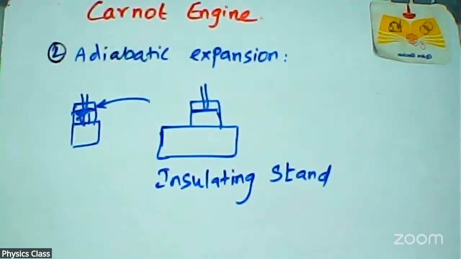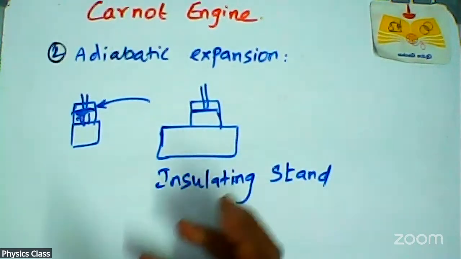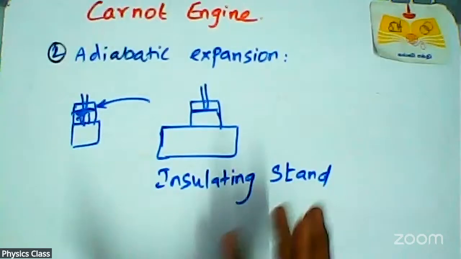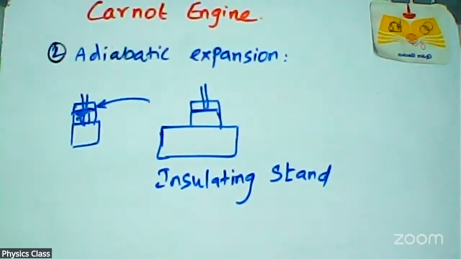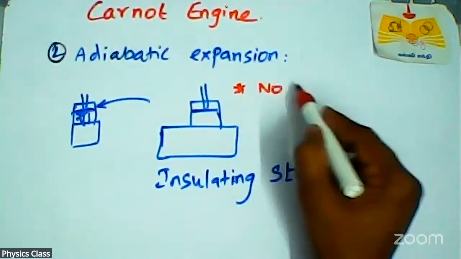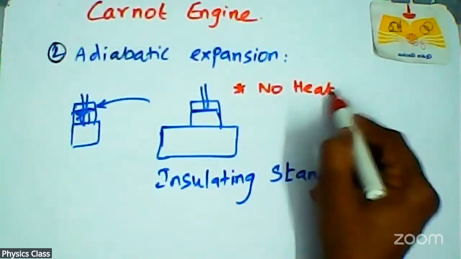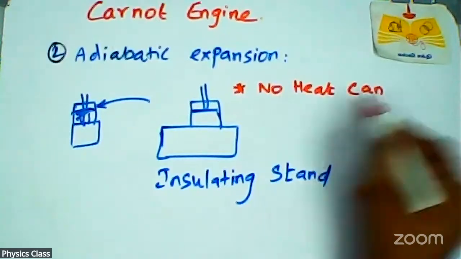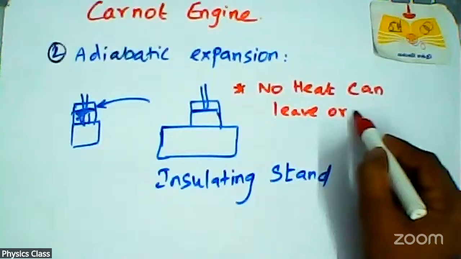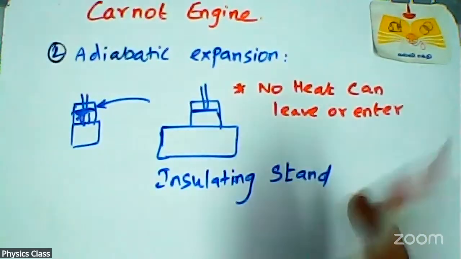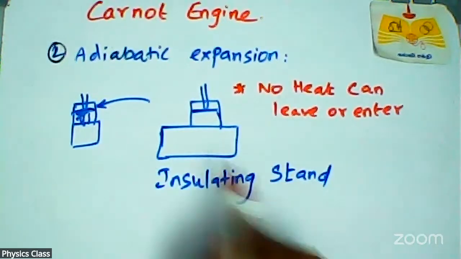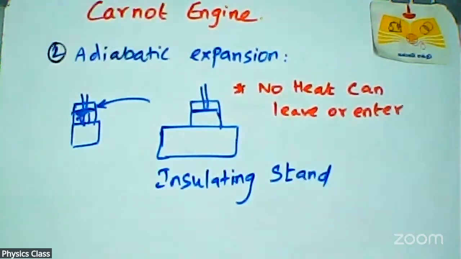So for adiabatic expansion, now we insulate the cylinder. What is the main concept here? No heat can leave or enter because of this insulating setup.